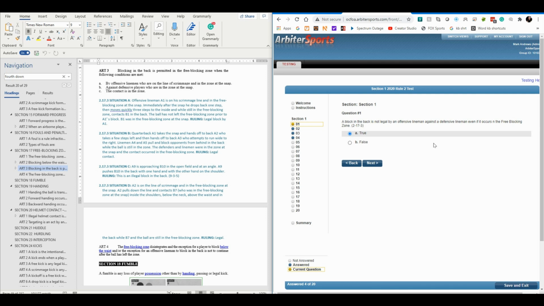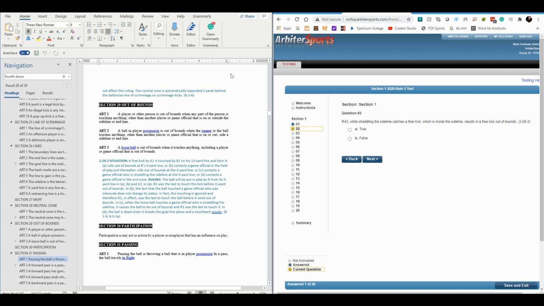Okay, let's move on. All right, question number 2. R43, while straddling the sideline, catches a free kick, which is inside the sideline, results in a free kick out of bounds. So the rule references 2-29-3, which is Rule 2, Section 29, Article 3.